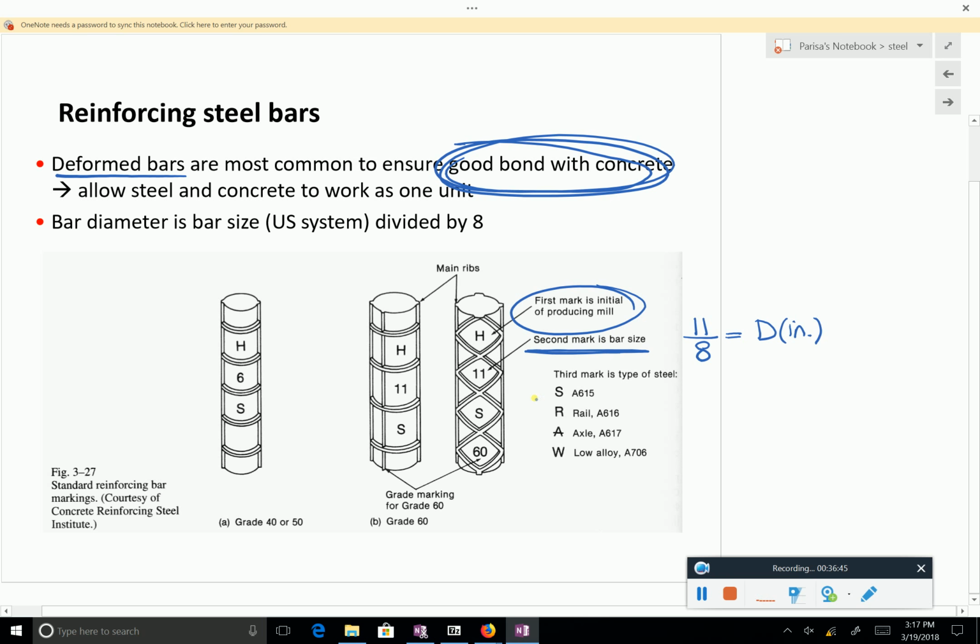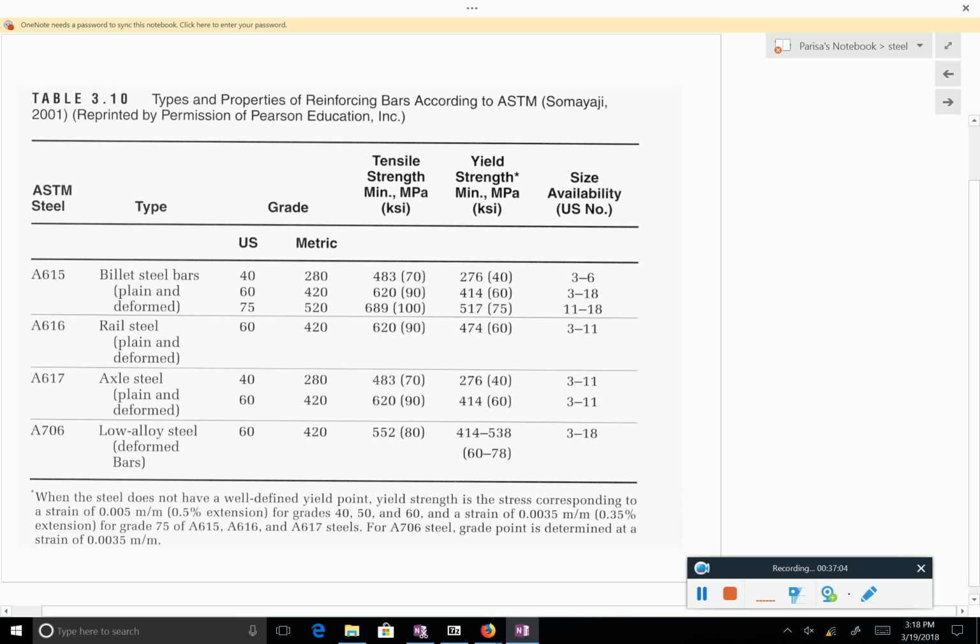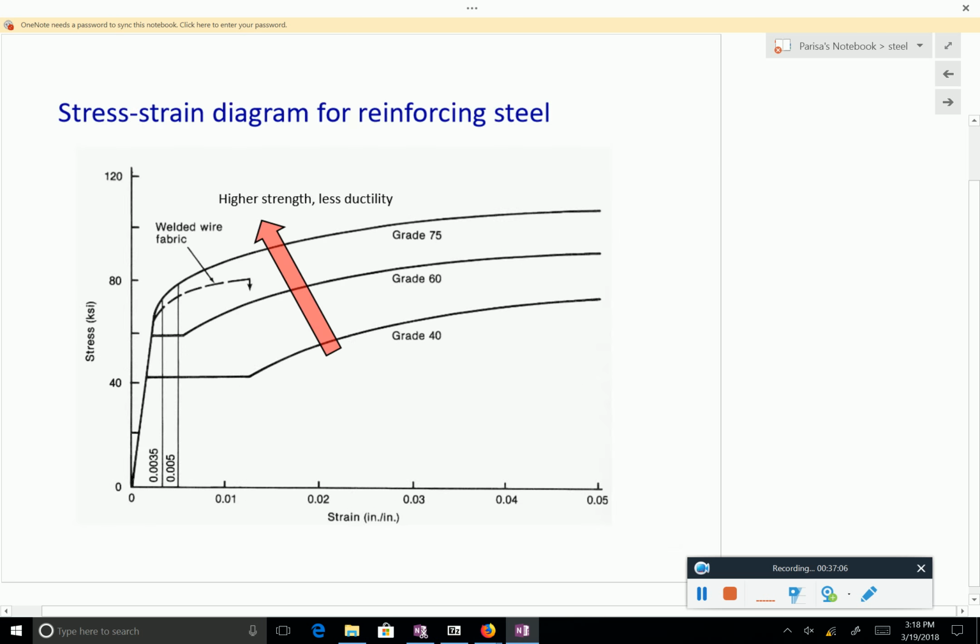Then you have another letter which specifies the type of steel, and then the grade for that steel. What that means is that these are some examples of the types of steel. If you have higher grades, you have higher strength and less ductility.